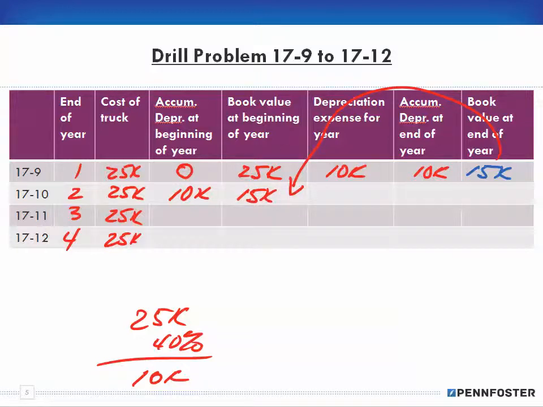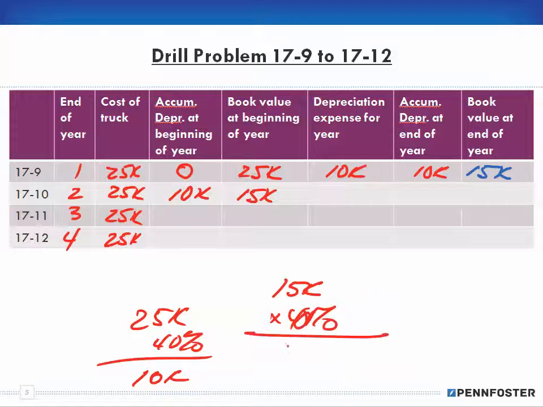And the reason why we're doing that is because we're going to be using that 15,000 to be able to calculate the depreciation. We take the book value at the beginning of the year of 15,000 and multiply it by our factor, our percentage of 40%.